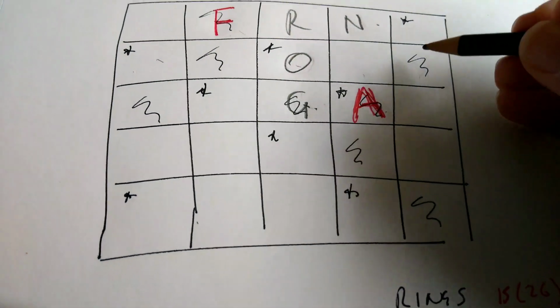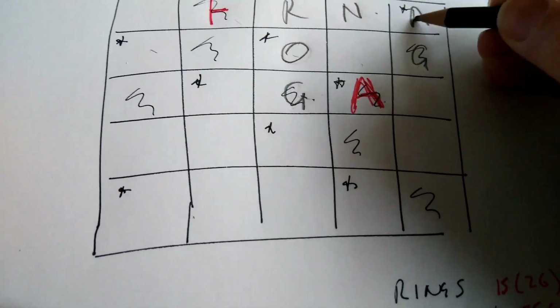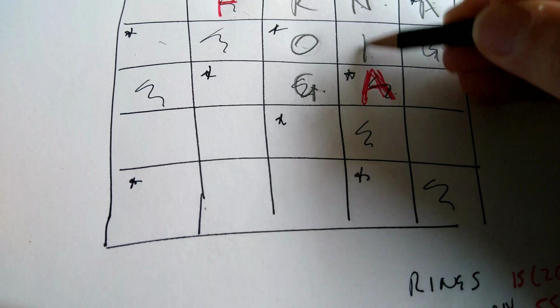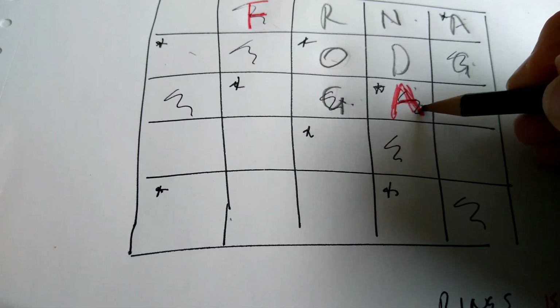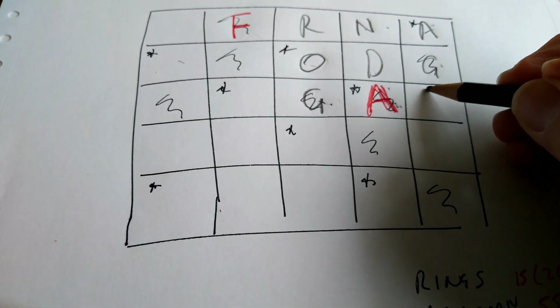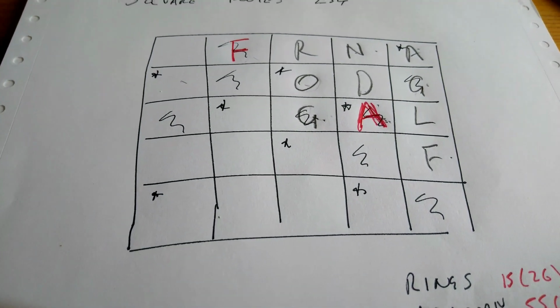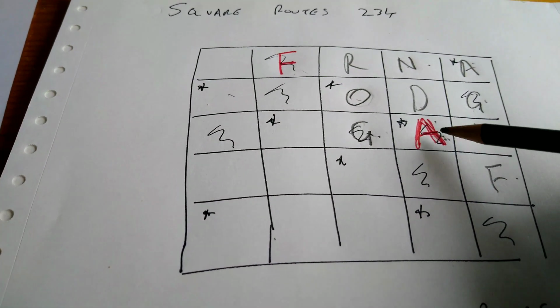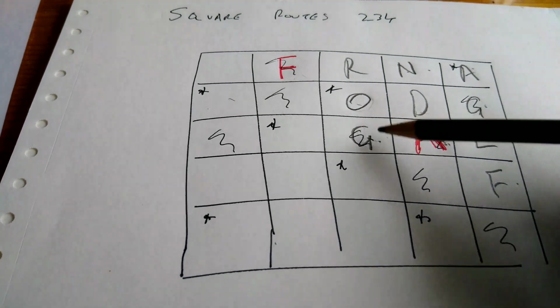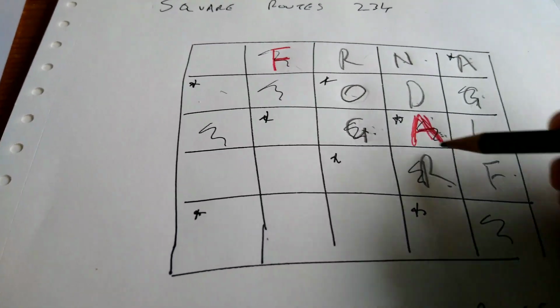Then I thought maybe the Gandalf might go up here somewhere. Gan-D-A, that would fit quite well with that. And then it would go probably L-F. And then, so how's our Aragorn go? A something, A Gorn. So that must be the R of Aragorn.